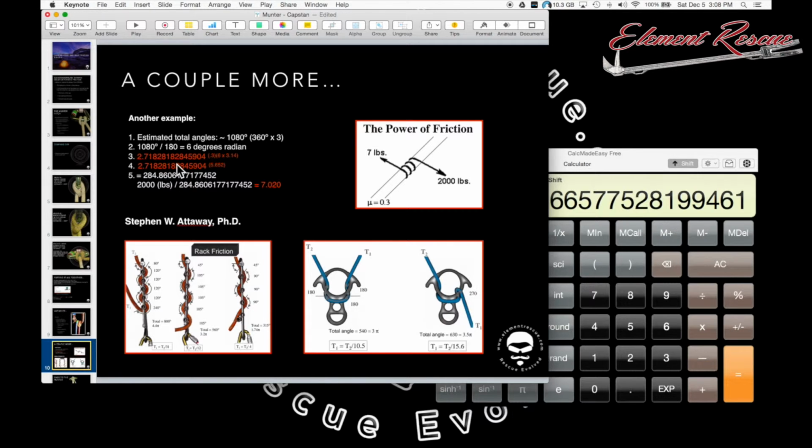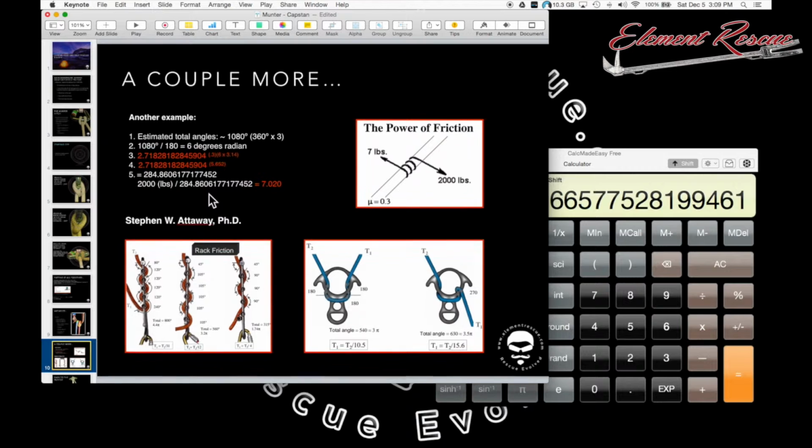Put that as the exponent of Euler's constant, and we get 284.8606. When we divide 2,000 by that, we realize that the answer is actually 7.02. So that's where we get our 7 pounds of force on our end for holding, compared to the 2,000 pounds of force or weight that we have on the other end of that.